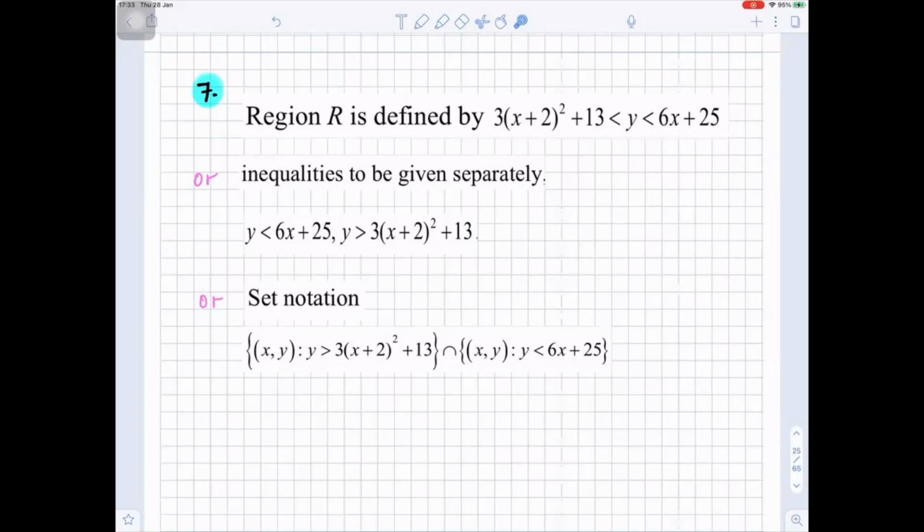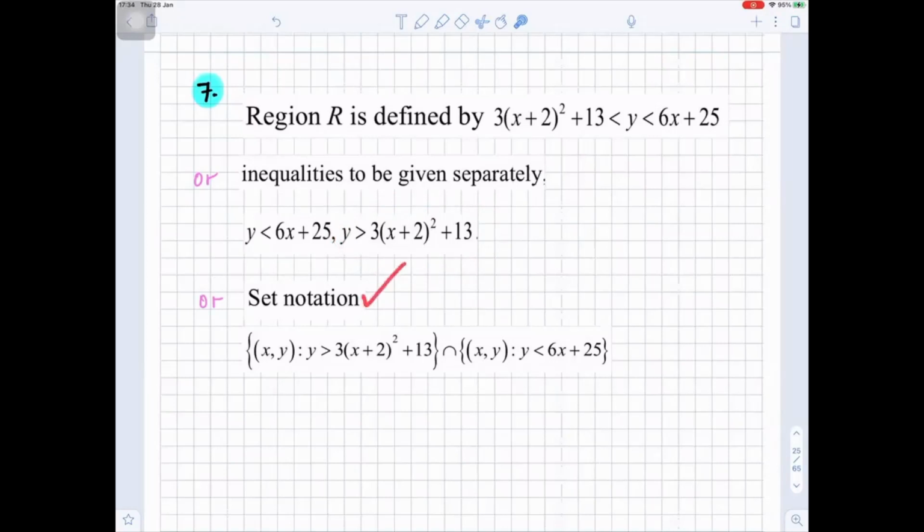Or you can do the inequalities separately. You don't have to put them together. You can do it separately. y is less than 6x + 25, that one I showed you, which is below the line. And y is greater than 3(x + 2)² + 13, the one which is above that curve.